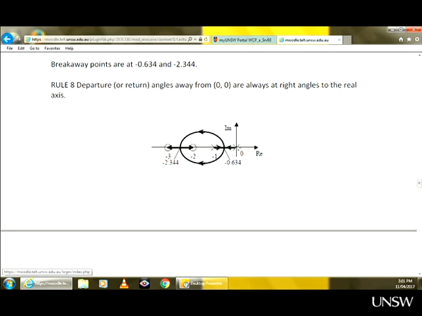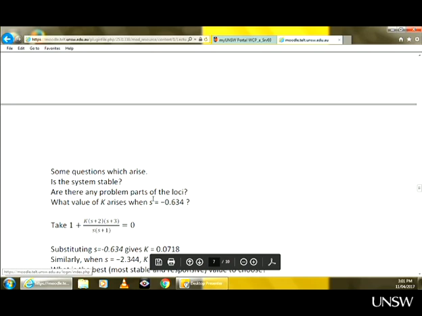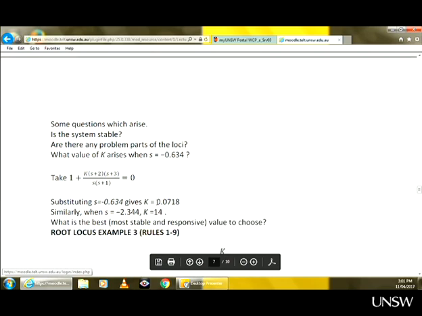For k greater than 0 and less than or equal to 0.0718, you have an exponentially stable system. For k greater than 0.0718 and less than 14, you have oscillatory behavior, with complex conjugate roots. And finally, for k equal to or greater than 14, you have exponentially stable behavior again.